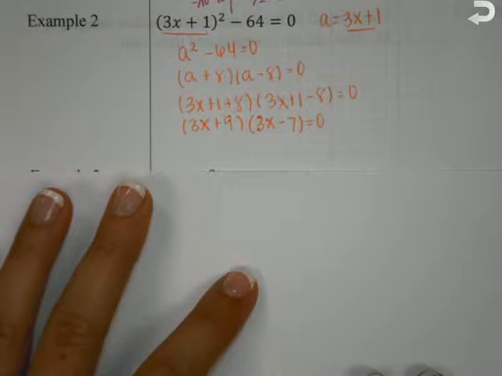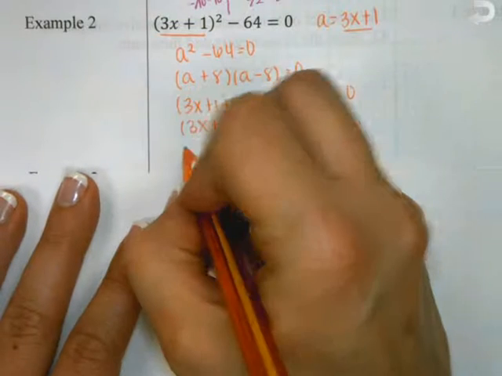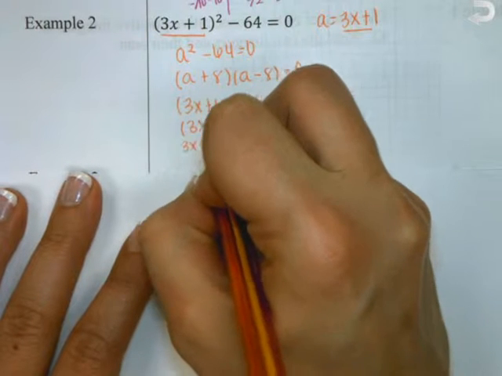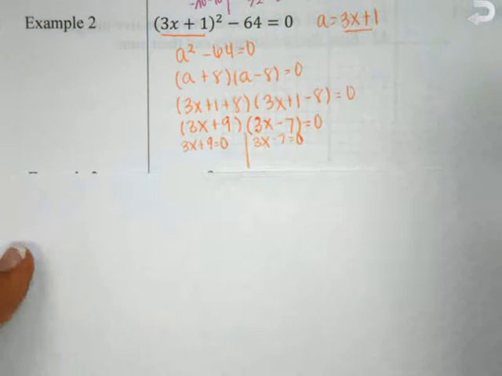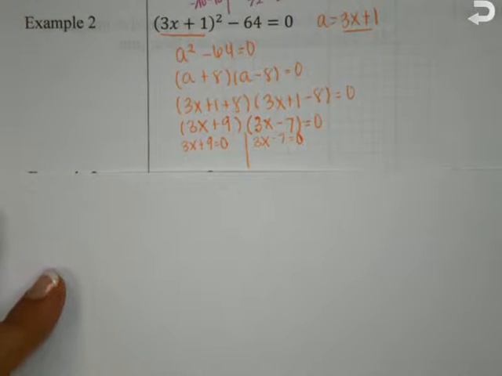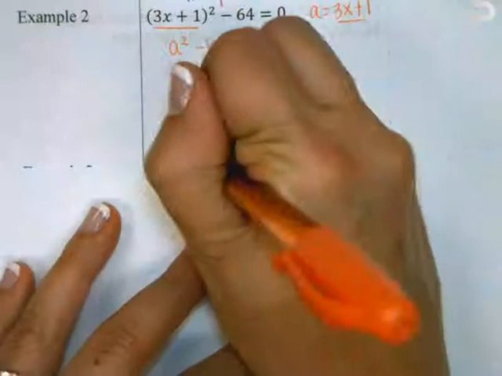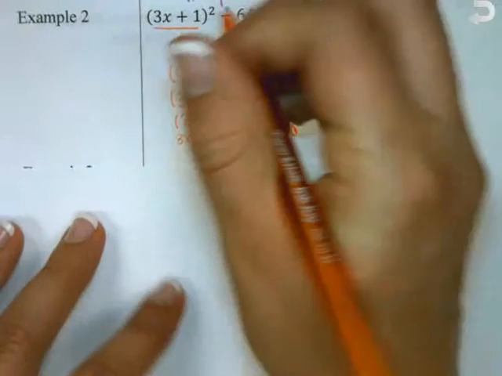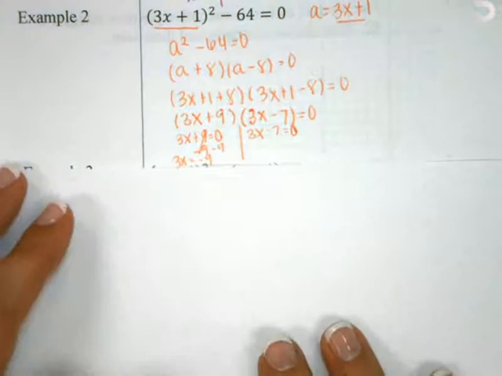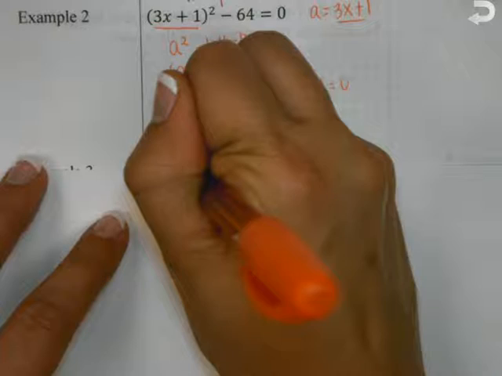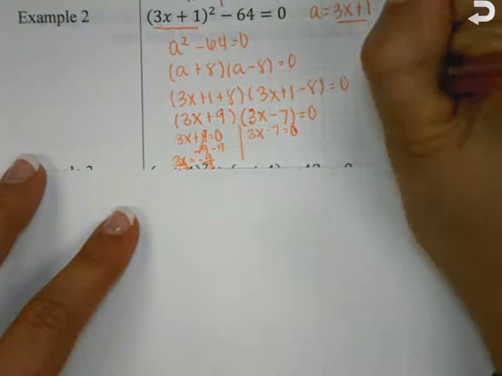We can set each one equal to 0. So 3x + 9 = 0 and 3x − 7 = 0. I'm going to work on the left first, subtract 9. So that gives me 3x = −9. So then we divide both sides by 3. So I get x = −3.